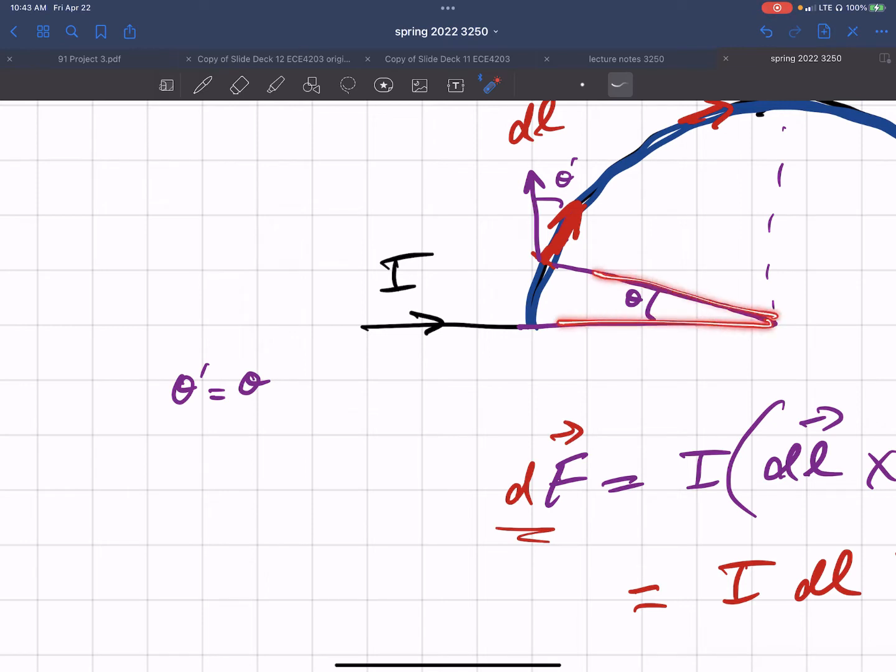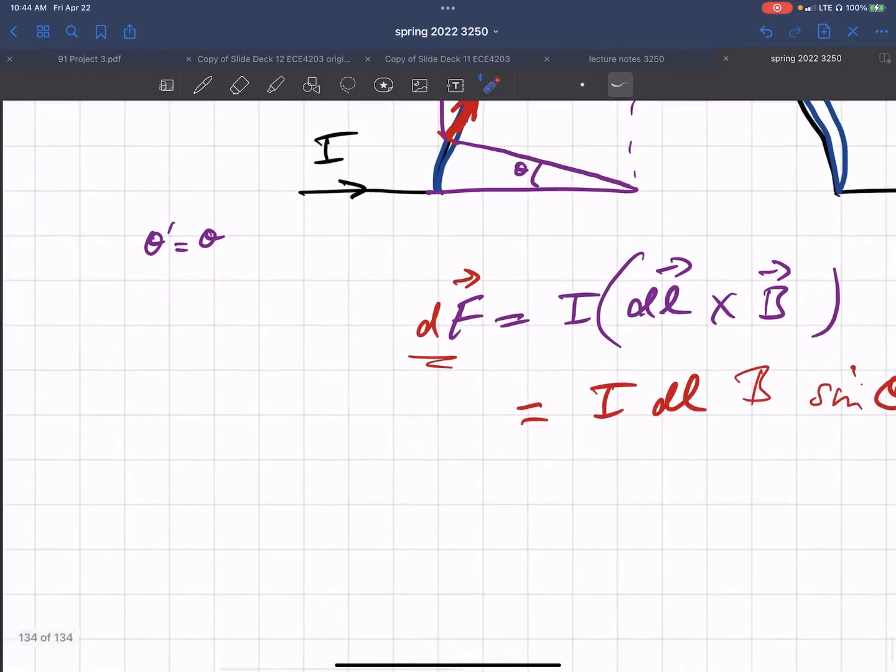One line, the B field, is perpendicular to this because we made it so; we said B is going straight up. The second line goes from this radial line; the tangential line on the semicircle is going to be perpendicular to this. So if this angle is theta, so will this angle. So I'm going to say that this is the case.